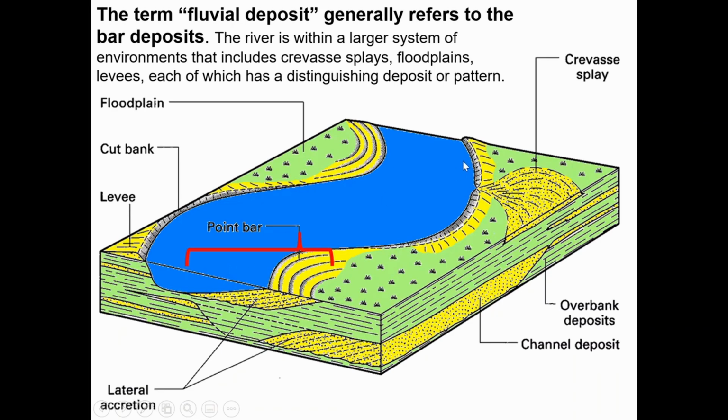And then when velocity decreases, we're going to deposit a bunch of sediments right near this channel. So right at the edge of this point bar, we're going to dump quite an amount of sediments, so we'll make a small levee over here.